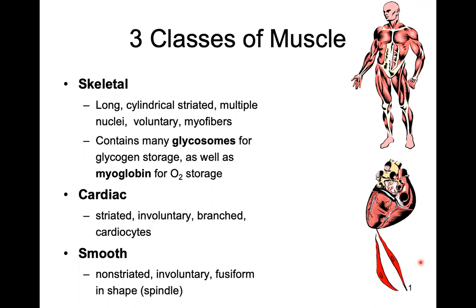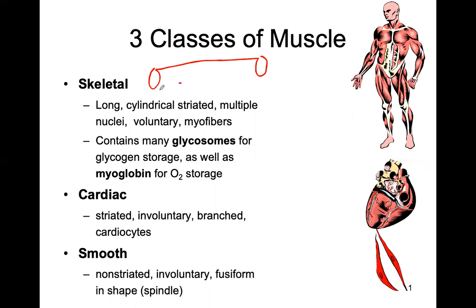So looking at the characteristics of these muscles, there are three shapes that are associated with these muscles. When you're looking at the skeletal muscle, we usually depict it as cylindrical structures. These muscles can be pretty long, and therefore they can be referred to as muscle fibers.